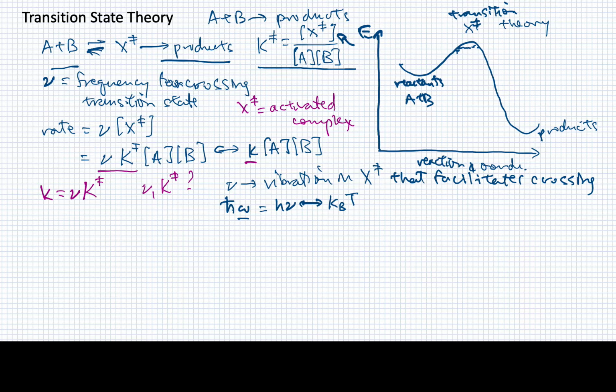Now we were using this to determine the probability of the vibration being activated into its v equals 1 state. But we can think of it very similarly here as the thermal activation of this particular coordinate that leads to the crossing of the barrier. So this gives us a way to express the frequency of crossing, nu, and we're just simply going to write it as kBT over Planck's constant.